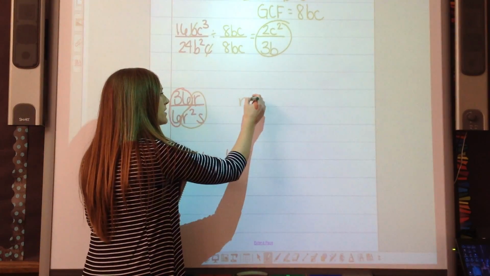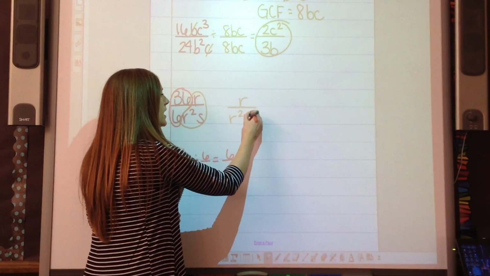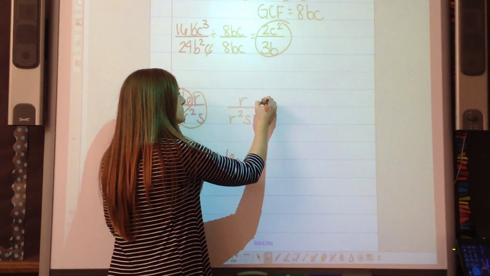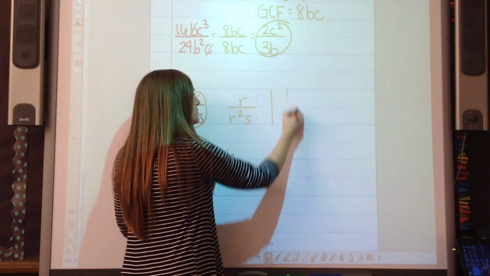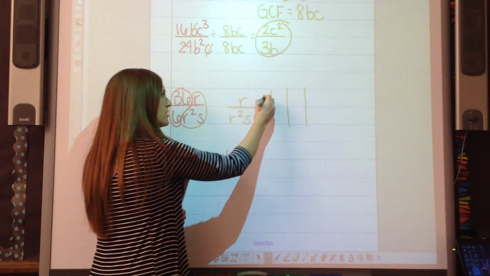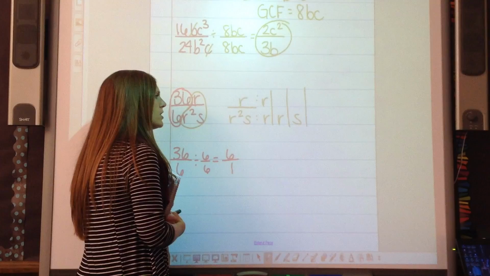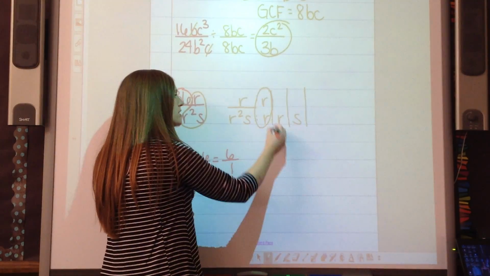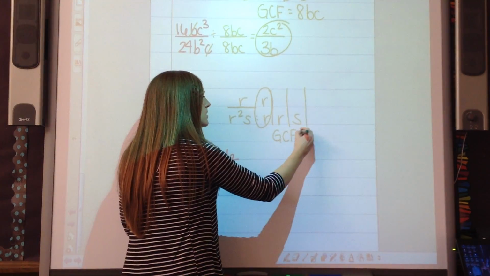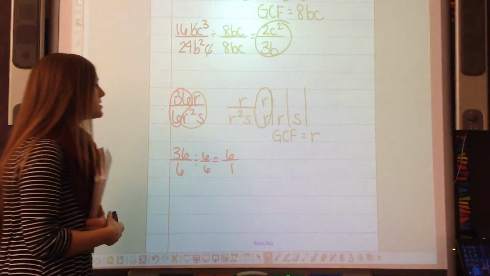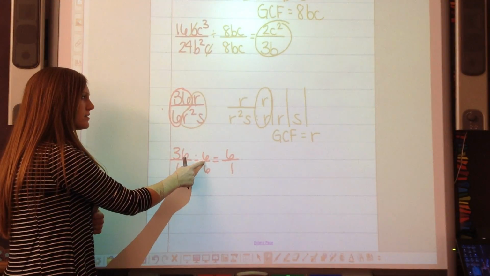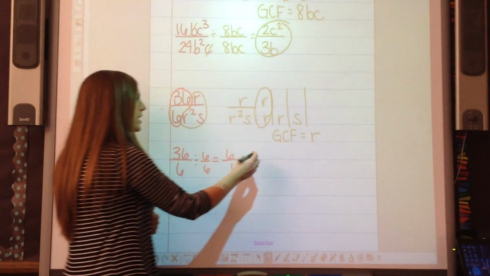So I'm going to list the factors of r and r squared x. r, there's only one r. Here I have 2 r's and an x. The greatest common factor between the variables is just r. So besides just dividing by a 6, here I'm just dividing by an r.